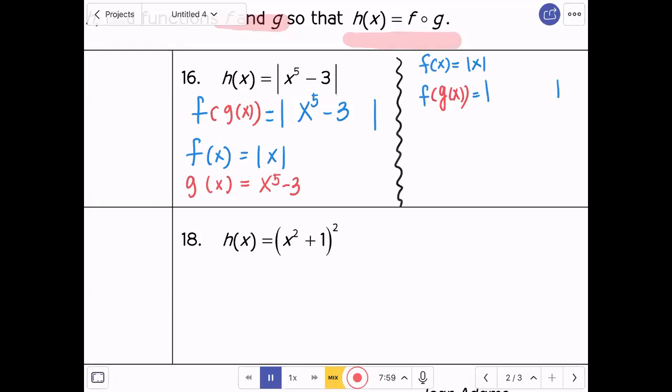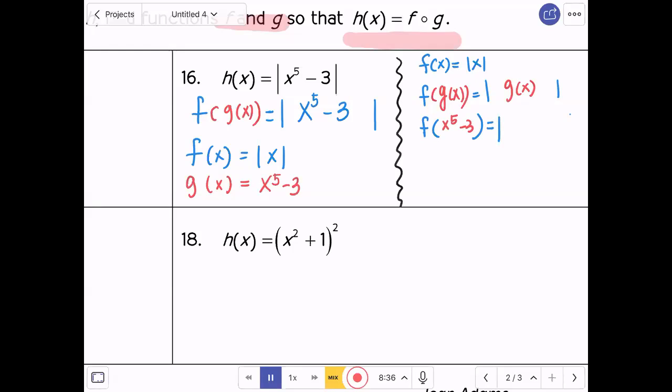Our f of x was the absolute value of x. So f of g of x will be equal to the absolute value of g of x. Your x got replaced. And g of x was x to the 5th power minus 3, so I replace g of x with x to the 5th power minus 3.